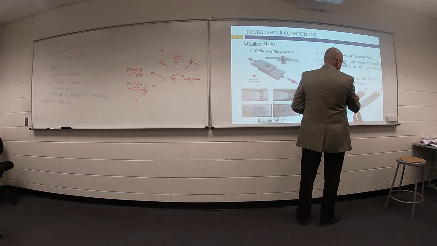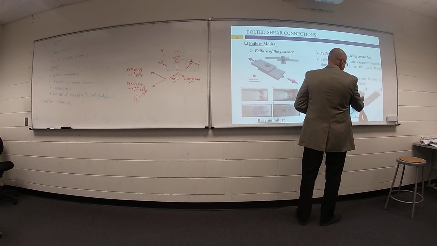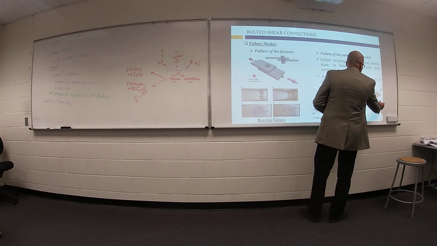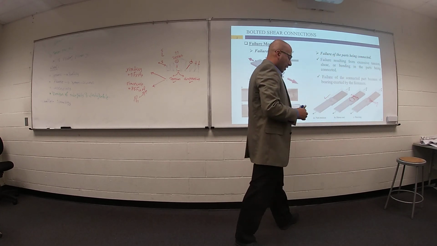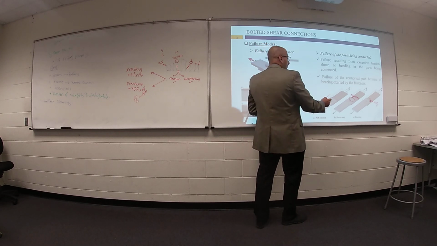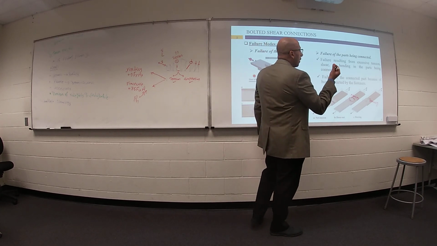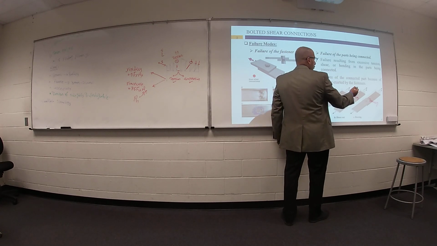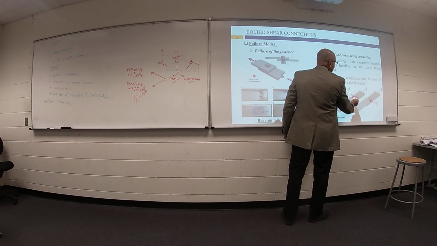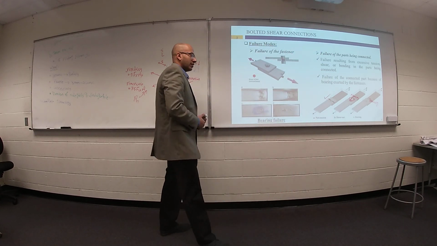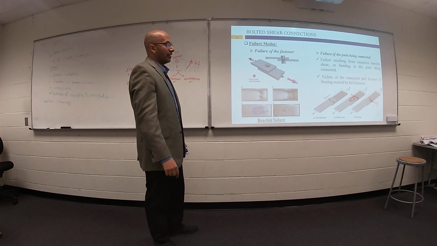Tearing or bearing failure. Maybe the fracture will not happen like this, but maybe the part in front of your bolt will be torn. Fracture or shear out at this location only.